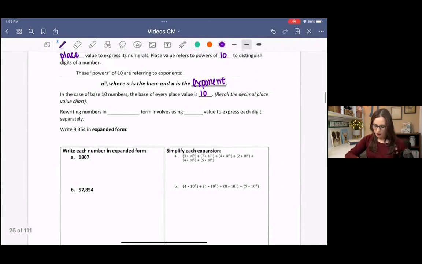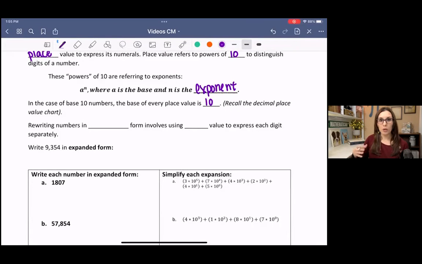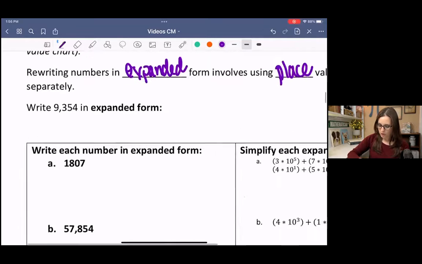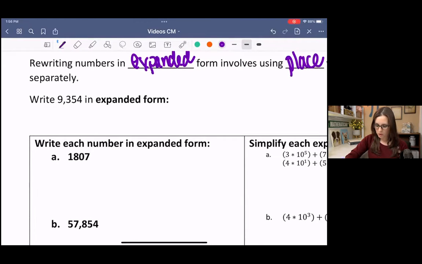So that's just kind of a review of place value of digits. So let's go up here. We're going to use that to help us rewrite numbers in expanded form, using place value to express each digit separately. When you're looking at expanded form, it's not really technically scientific notation, but it kind of relates to that if you've done scientific notation.